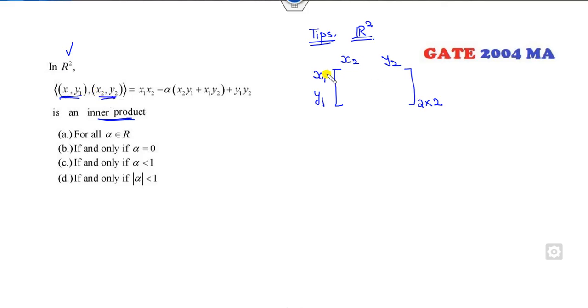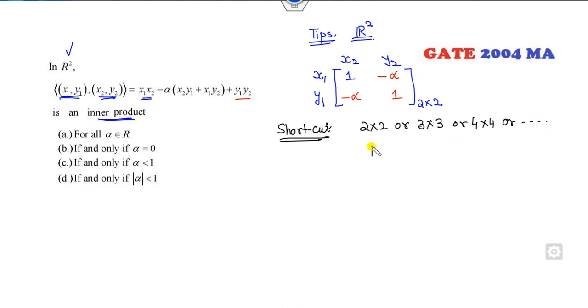What is the coefficient of x1, x2? You can see the coefficient of x1, x2 is 1. The coefficient of x1, y2 is minus alpha. Y1, y2 is 1. Now what is the shortcut tip for you? Whenever you have a 2 cross 2 matrix or 3 cross 3 matrix or 4 cross 4 matrix or n cross n matrix, you have to check whether it is positive definite or not.